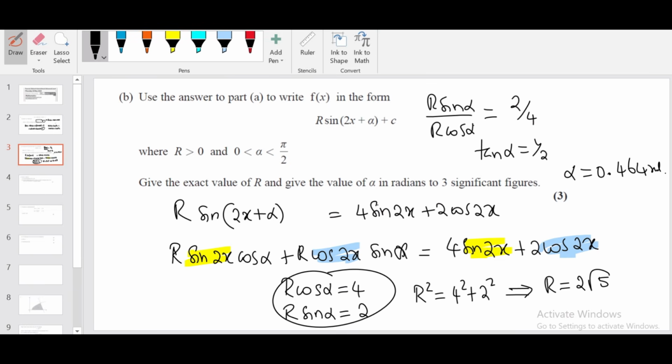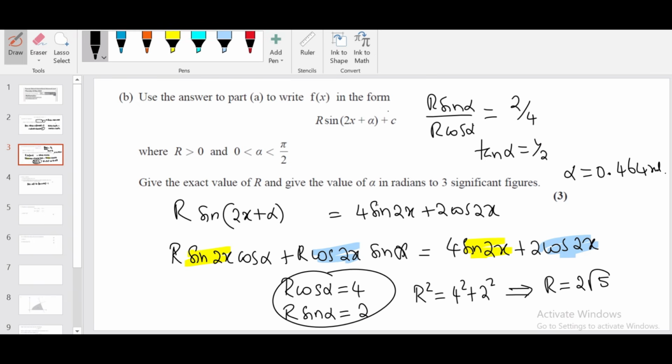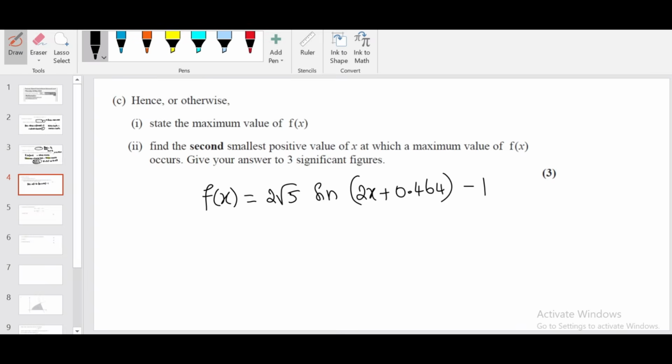Let's move on to part C now. State the maximum value of f of x. Now I'm going to write f of x using the value of R and alpha: R sin(2x plus alpha) minus 1. That's f of x, right? Or this plus c. So this is f of x. Just look at this function.